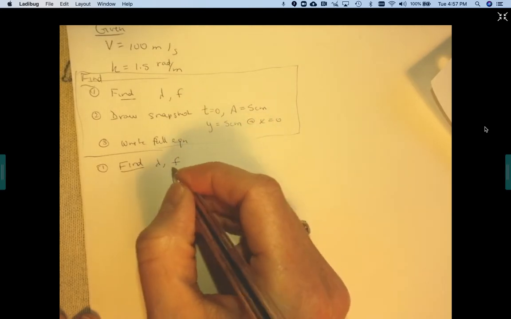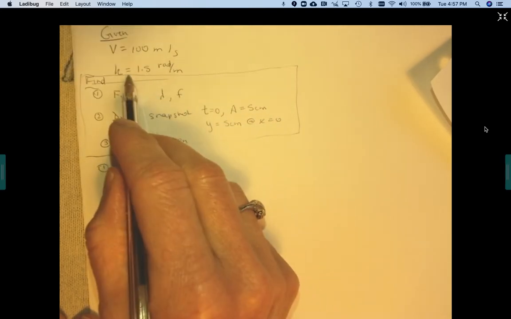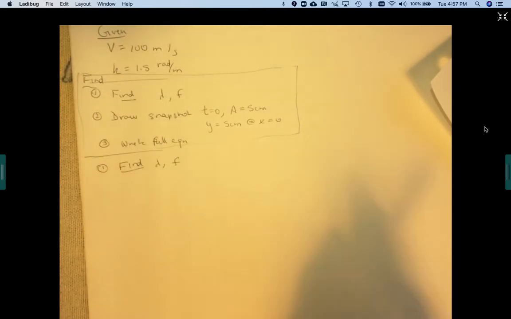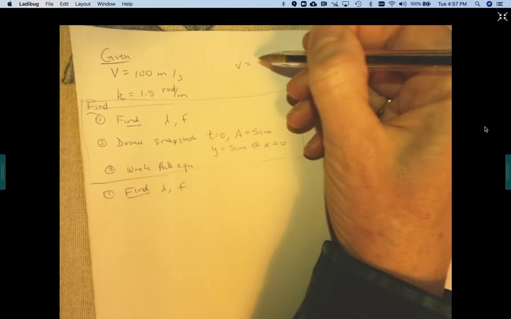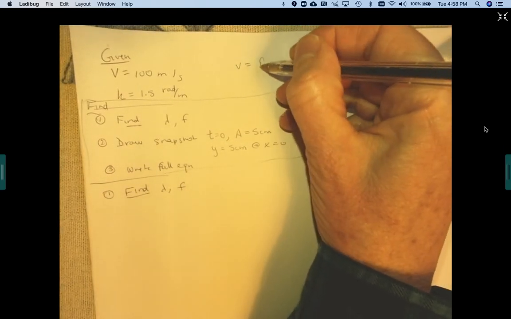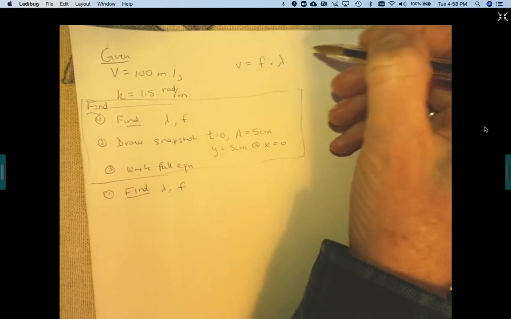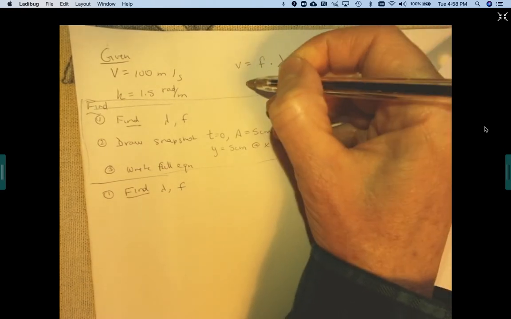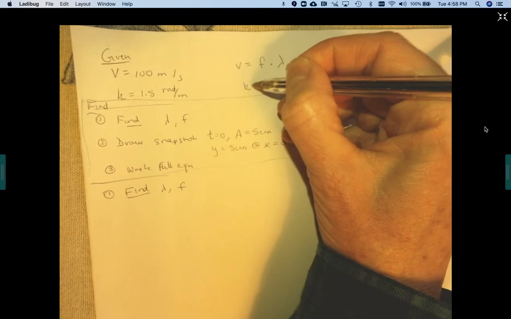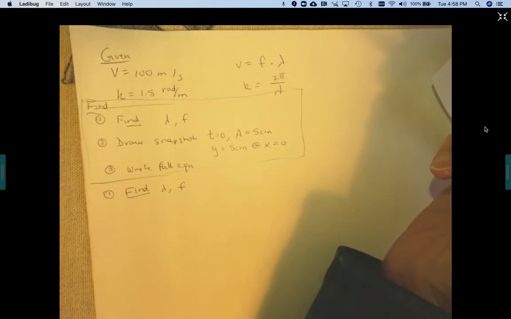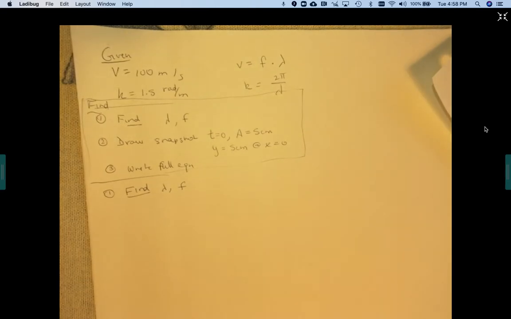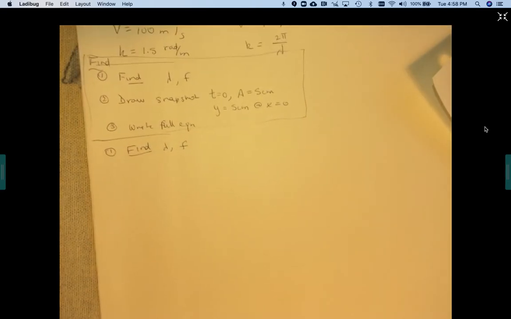We know we have the wave number and we have the velocity. So we'll definitely want to commit this one to memory, that velocity for all waves is frequency times wavelength, so that's going to help us. And then the definition of K, the wave number, is 2 pi over the wavelength. Okay, so kind of how many radians it will undergo in a meter.